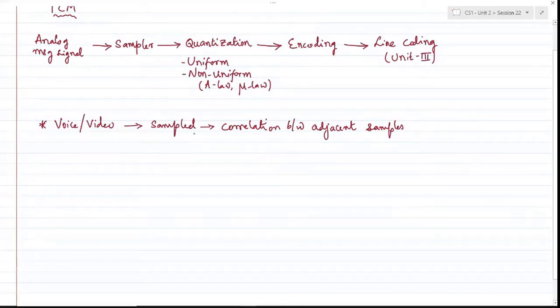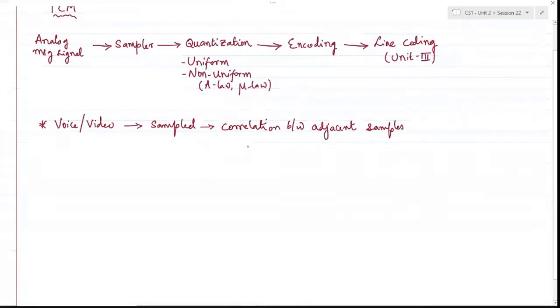But in reality or in practice, it is found that these adjacent samples are highly correlated with each other. The meaning of high correlation is that, in an average sense, the signal does not change rapidly from one sample to the next.